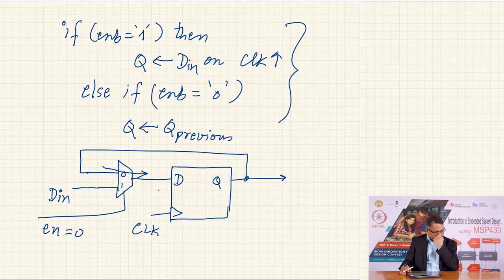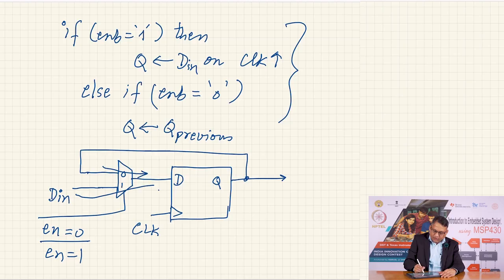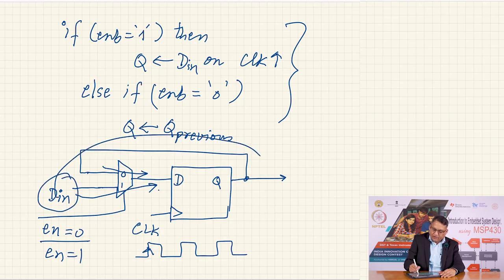But the moment the enable signal becomes 1, it is going to route the D in input to the Q, and now on every rising edge it is going to capture this value and put it at the output. This is exactly what we wanted.